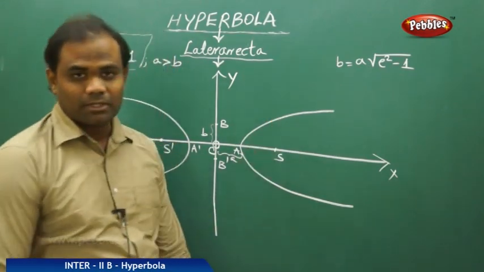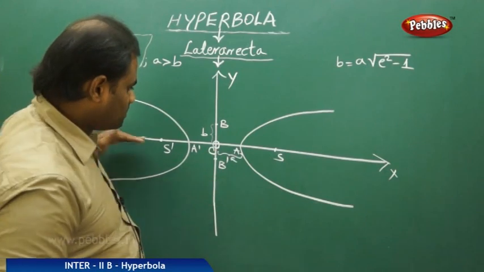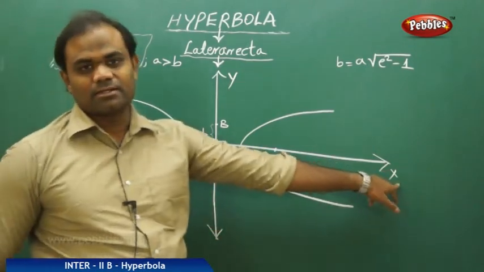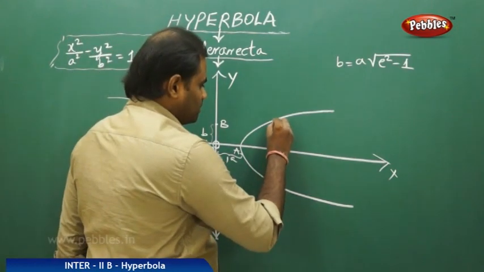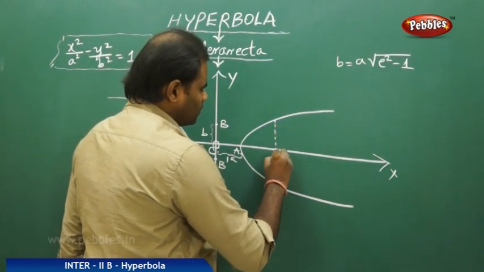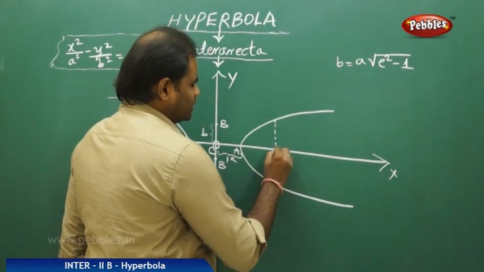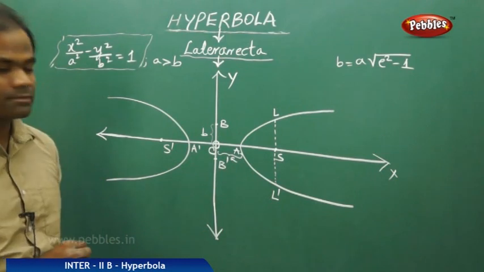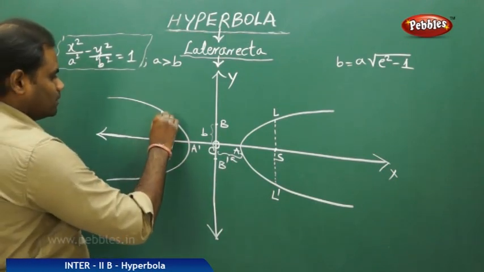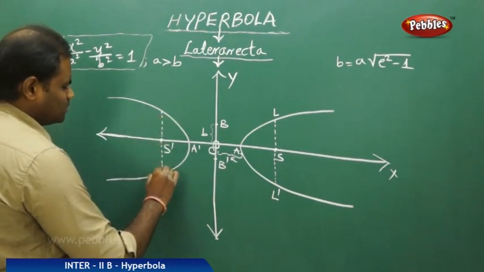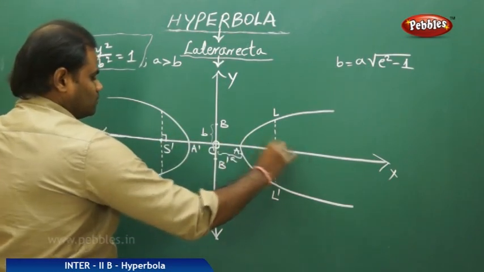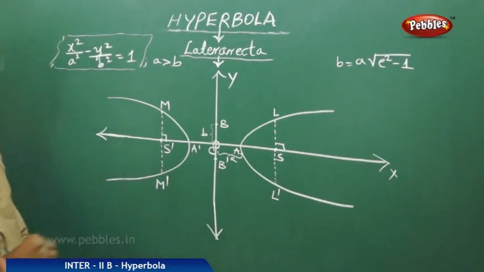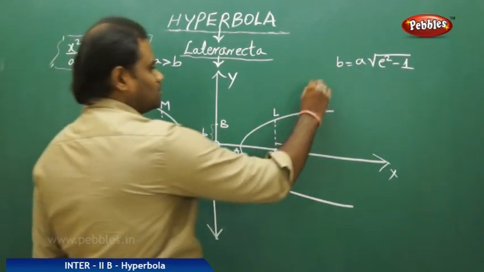So a latus rectum is a chord which passes through the focus and is perpendicular to the transverse axis, that is the x-axis out here. So if I drop a perpendicular and a chord to the hyperbola, then this is called the latus rectum passing through S. Similarly, if I drop a perpendicular from S dash, I get M and M dash, which are called the latus rectum.